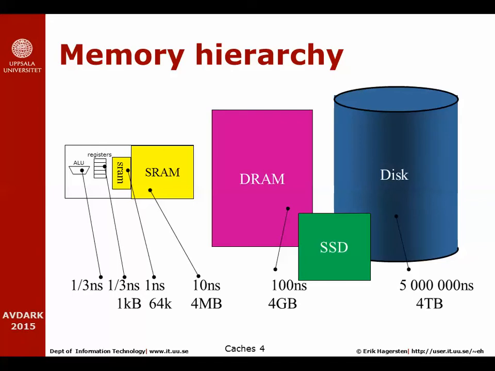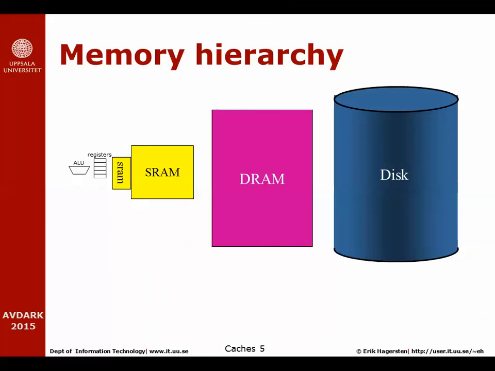And this hierarchy is, if anything, we are seeing more and more levels added to this hierarchy. So solid state devices, SSD, for example, is something that from an access point of view sits in between DRAM and disk. How can we deal with this fairly complex structure in a simple way?